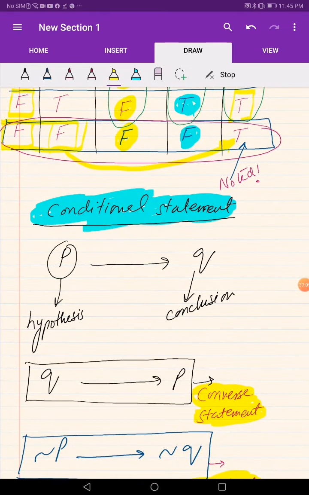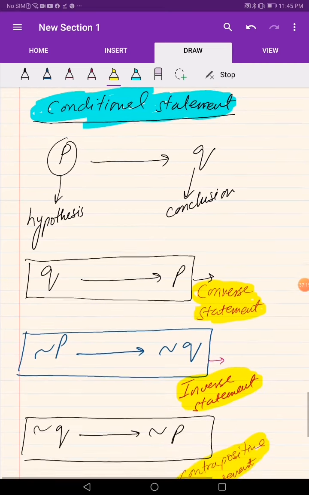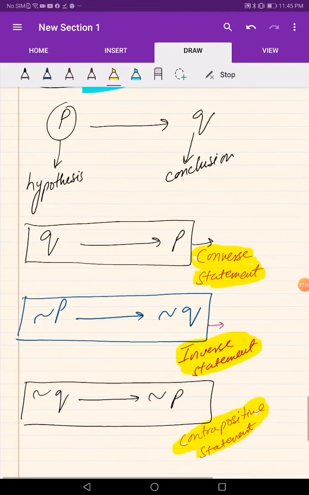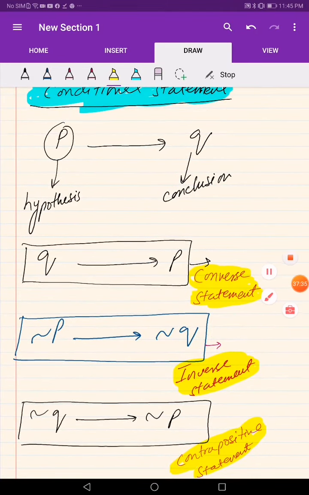The first statement is called the hypothesis, and the statement linked with it is called the conclusion. If I reverse the order, Q to P, this is called the converse. If I say not P implies not Q, it's called the inverse statement, and not Q to not P is called the contrapositive statement.